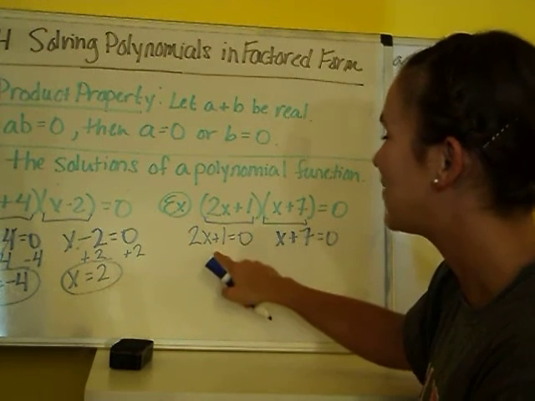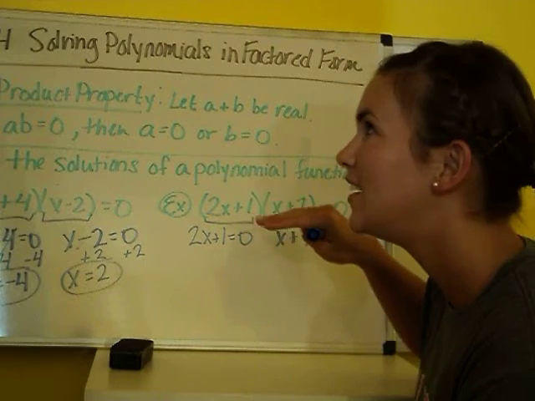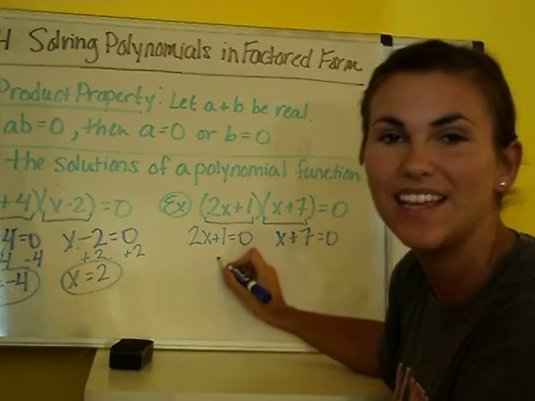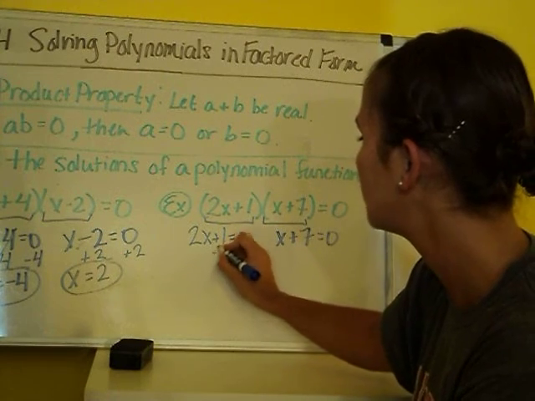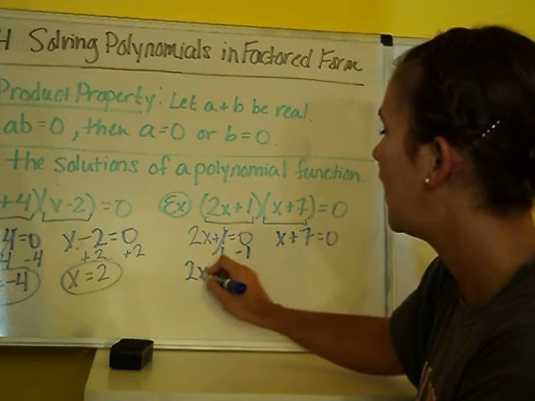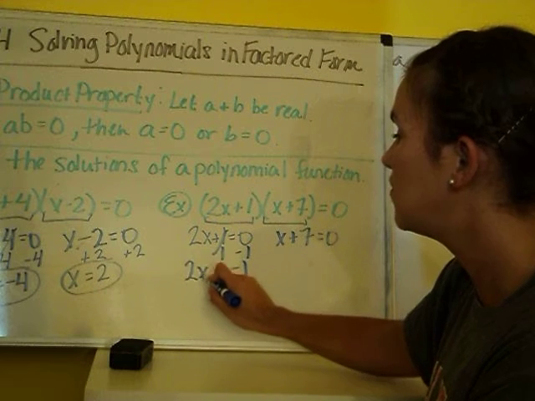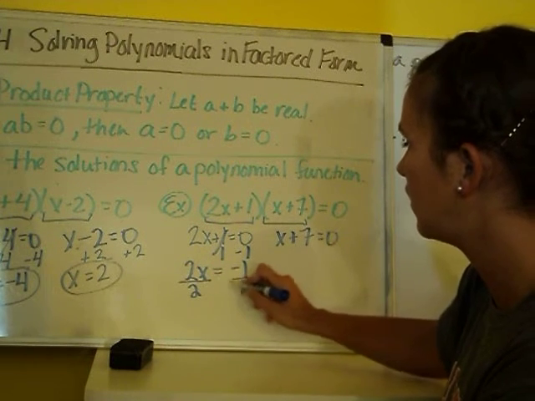To solve this one, we use our inverse operations going backwards of our order of operations. First I want to take care of addition and subtraction. This is adding 1, so I subtract 1 on both sides, which gives me 2x equals negative 1. Then this 2 and this x are being multiplied, so I undo it by dividing.